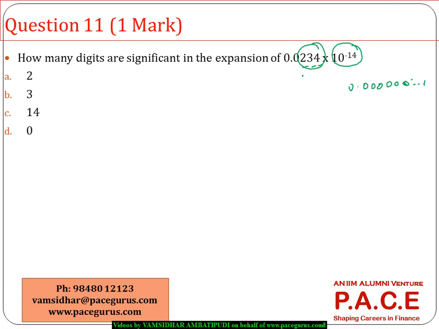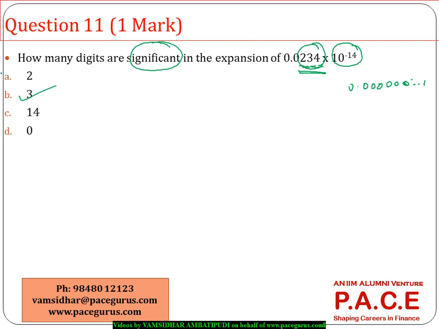Even if I multiply that, we will end up with some form of 234 itself. So whenever we ask for the number of significant digits, I can directly go with 3, because there are 3 non-zero digits in the expansion of this number.